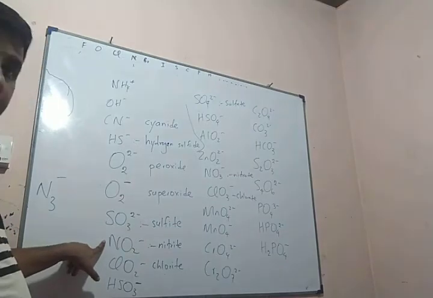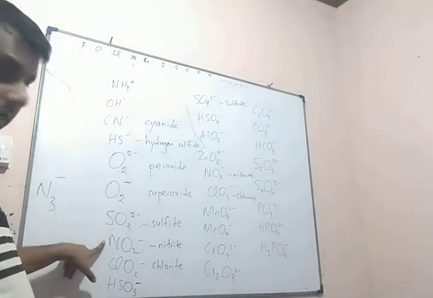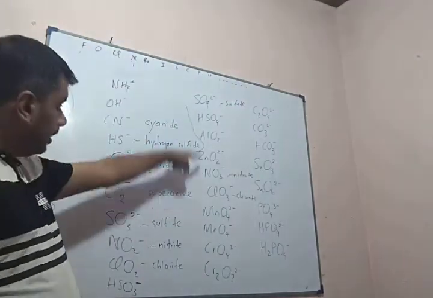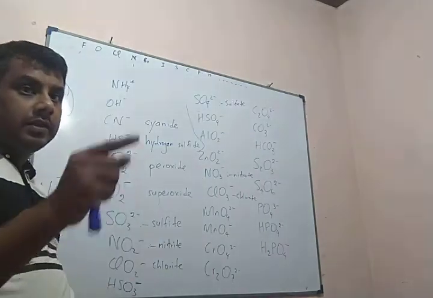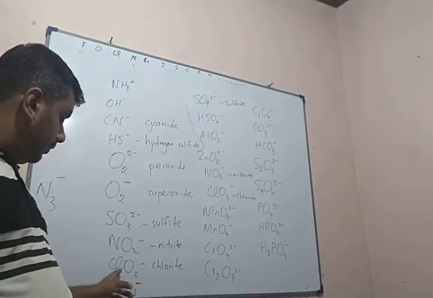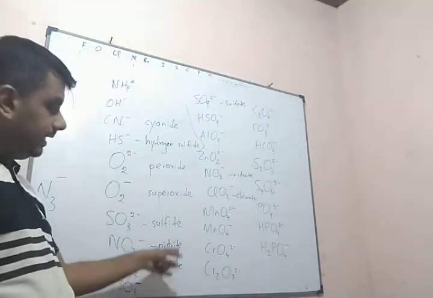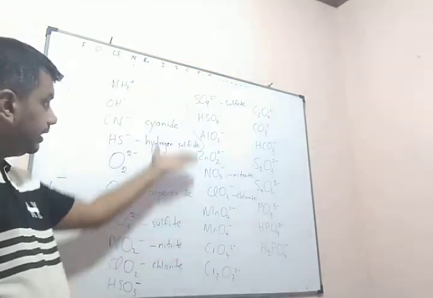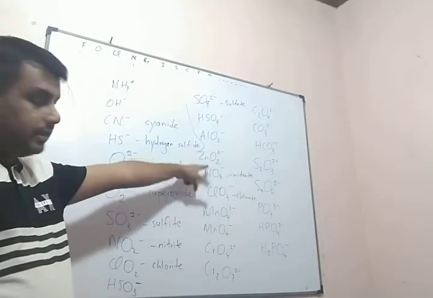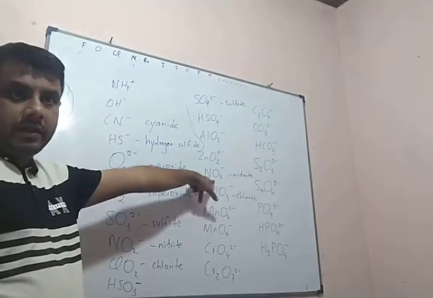What's the oxidation state of nitrogen here? +3. Here +5. For the central atom with low oxidation state, the name is ITE. For the central atom, nitrogen, with high oxidation state, it is ATE.